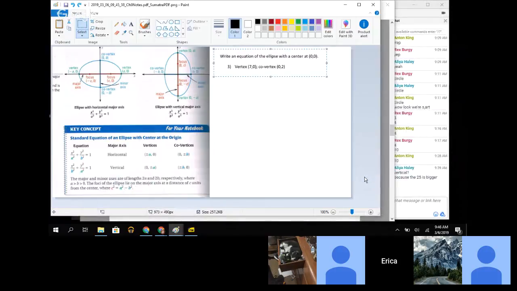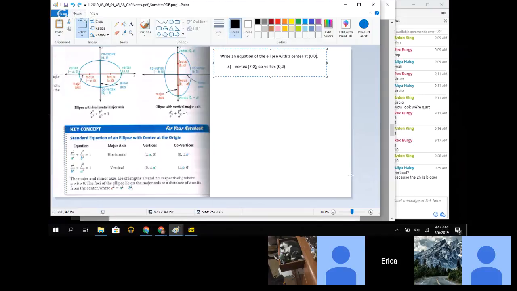Close that. Okay. So write an equation of an ellipse with a center at 0, 0 that has a vertex of 7, 2 and a co-vertex of 0, 2. So they're giving you a vertex and a co-vertex, and they want you to write the equation that would map this ellipse. So if you look at these points that they give you, the vertex and the co-vertex, is this ellipse going to be horizontal or vertical based off of these numbers?